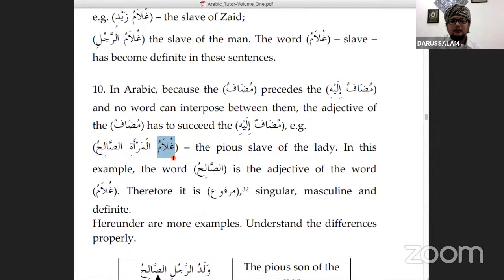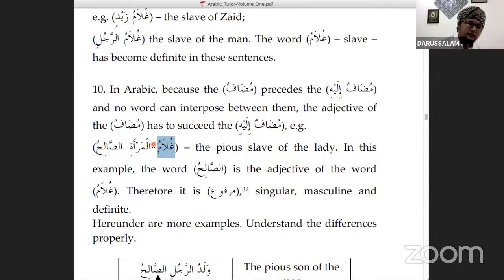But you cannot say ghulam salih al-mar'ah. Why? Because you can never have anything between the mudaf and the mudaf ilayh. Ghulam is mudaf, al-mar'ati is mudaf ilayh. Ghulamul mar'ati, the slave of the lady. So you cannot have anything in between. Tak boleh ada apa-apa kat tengah antara mudaf ilaih.